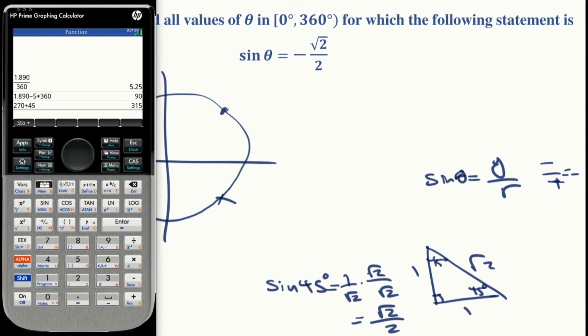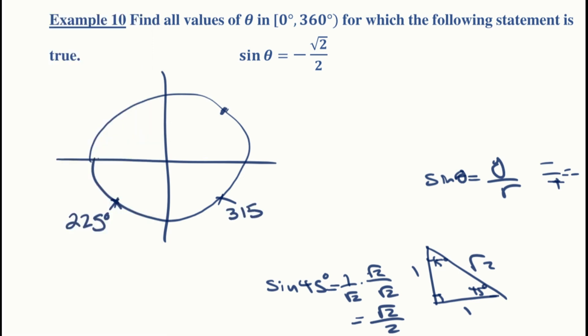See? 315. So what are the two angles or values of theta for which the sine is negative square root of 2 over 2? They're exactly these two.